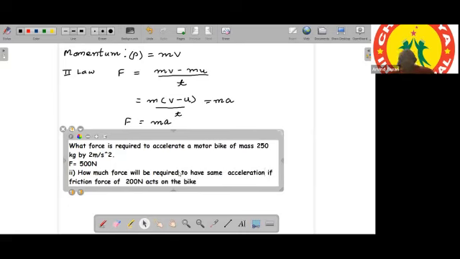So we have the frictional force of 200 Newton, and now we want to find out how much force is required. What will be the total force required?